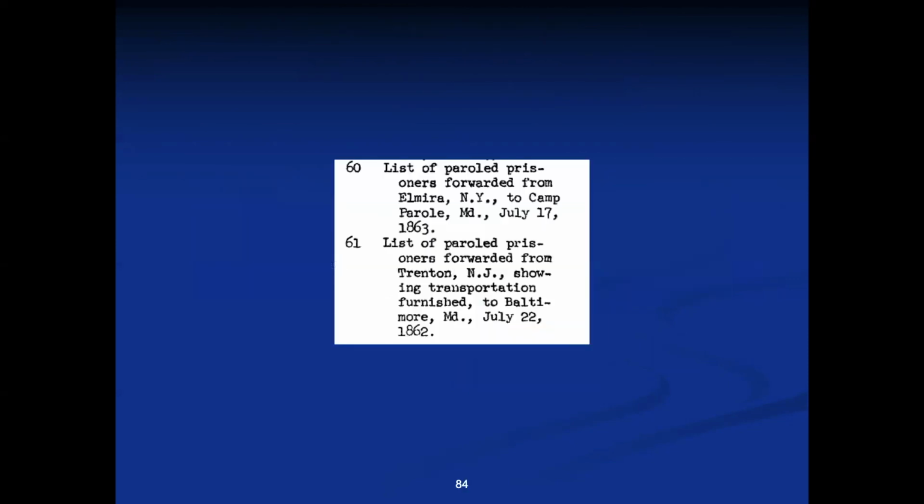It's entry 107. And you can find all kinds of lists of paroled prisoners forwarded from Elmira, New York to Camp Parole, Maryland, 17 July 1863. So these are Confederate prisoners of war who have been paroled or are being sent to Camp Parole to end up on a paddle boat to go back to City Point and rejoin the Confederacy.